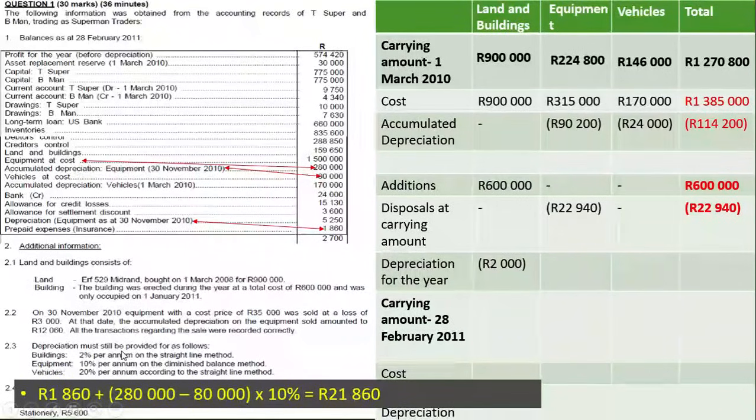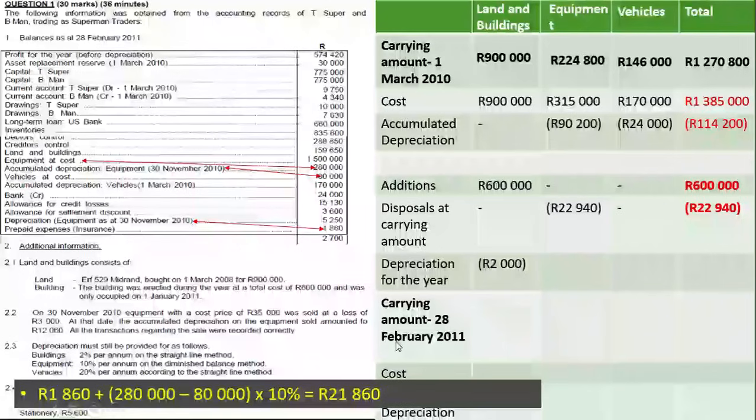And then it gives us a total of 21,860. So that's the depreciation for the equipment which is remaining in our business, plus the depreciation for the equipment which was disposed of, 1,860.